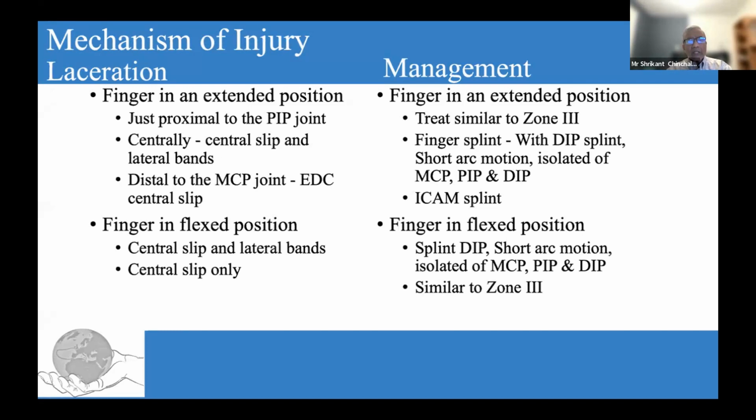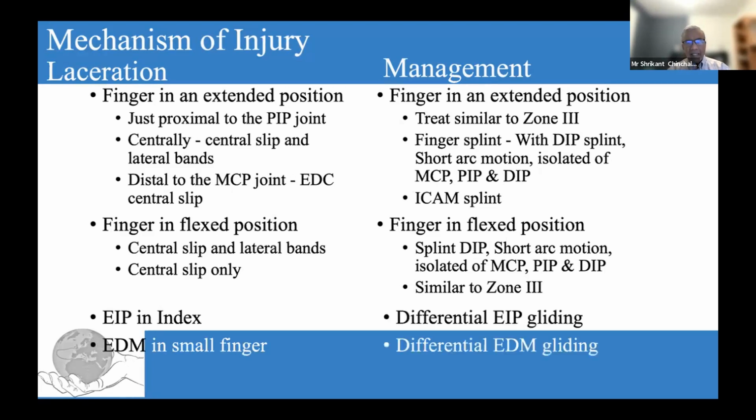If the injury is in a finger flexed position and the central slip is repaired, I've already described the management earlier. If it is a central slip, we know that we have to manage these patients similar to zone 3. However, if it is an index or a small finger, it's important that we encourage these patients to have differential tendon motion, or tendon gliding, between EIP and EDC.